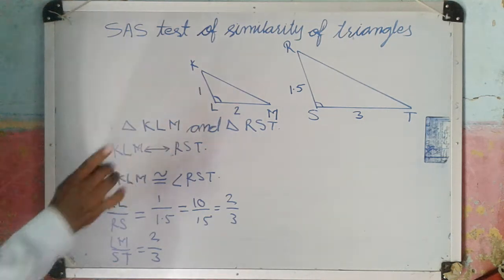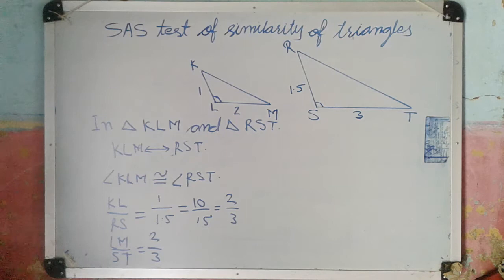I will repeat this test. For a given correspondence of vertices of two triangles, if two pairs of corresponding sides are in the same proportion and the angles between them are congruent, then the two triangles are similar.